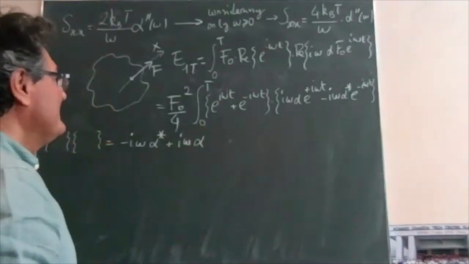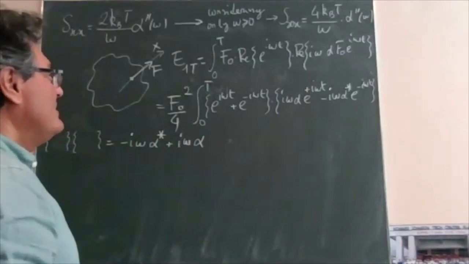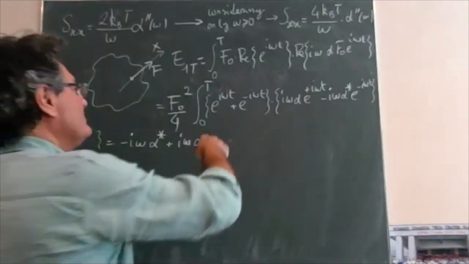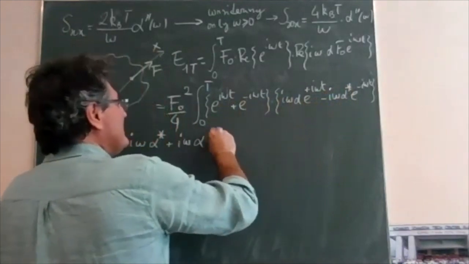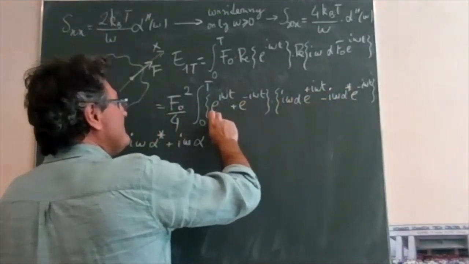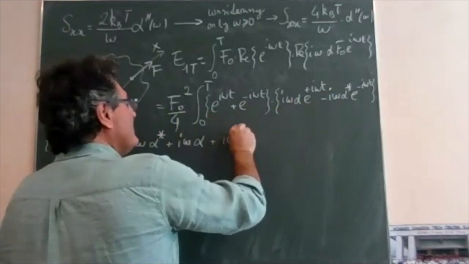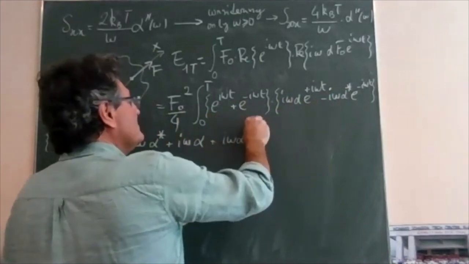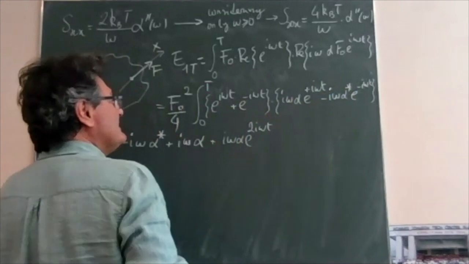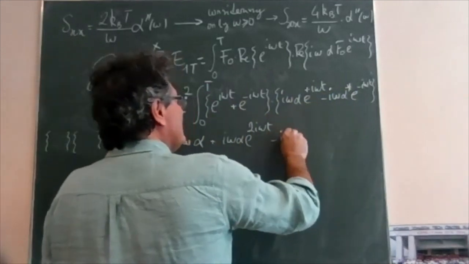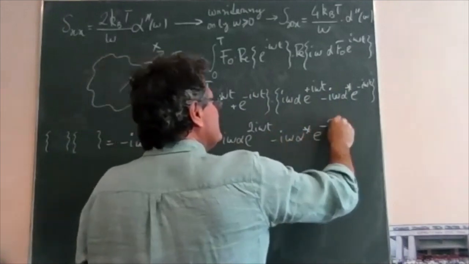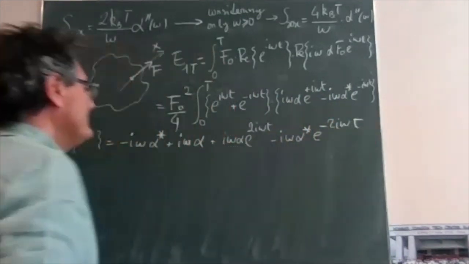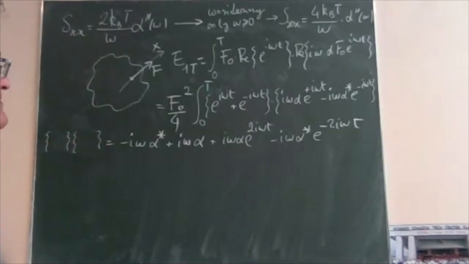And then I have terms that depend on 2 omega and minus 2 omega: plus i omega alpha e to the 2 i omega t minus i omega alpha star e to the minus 2 i omega t.